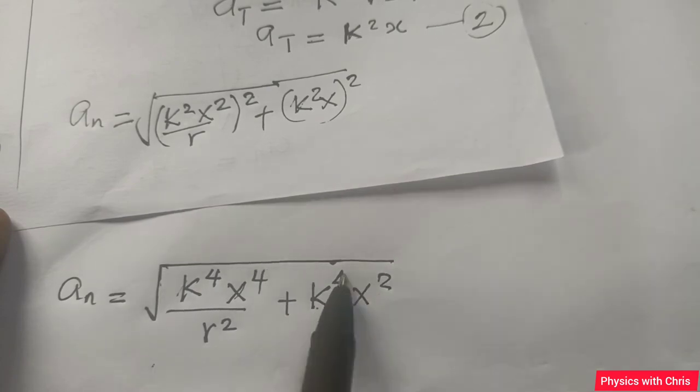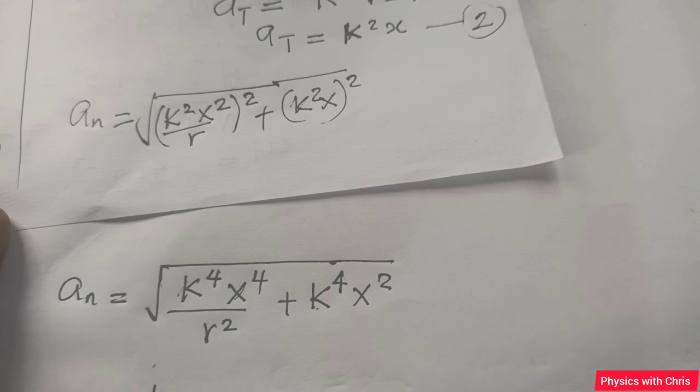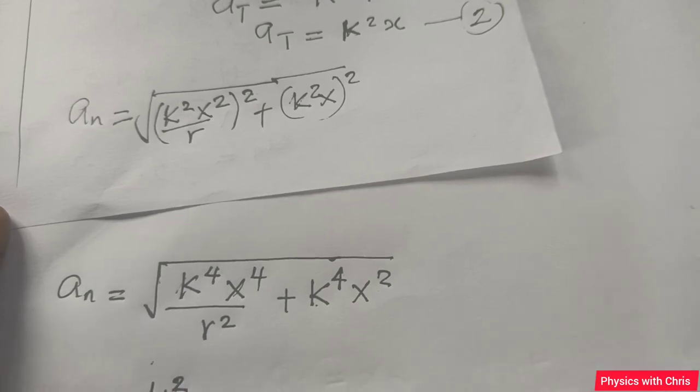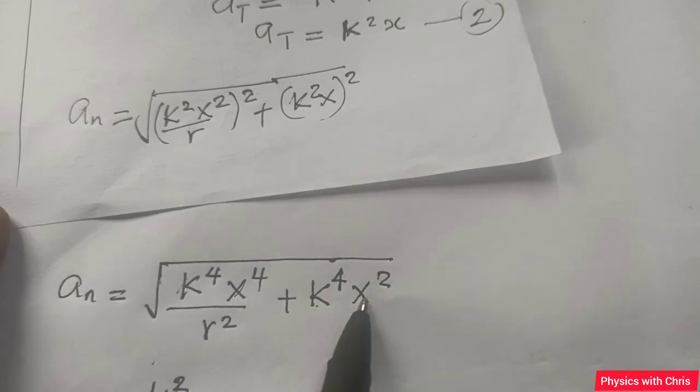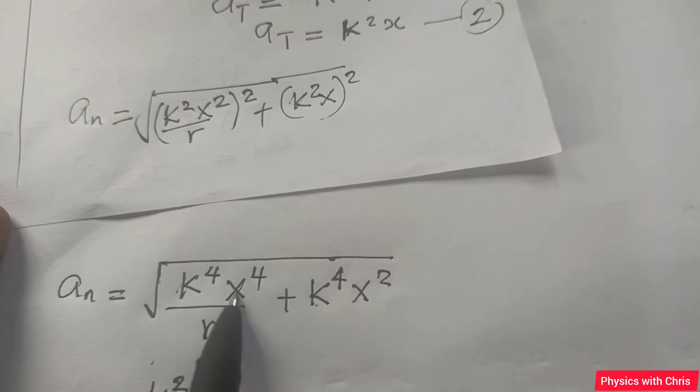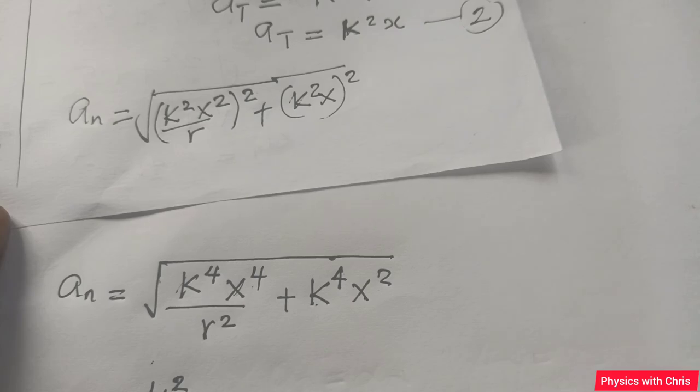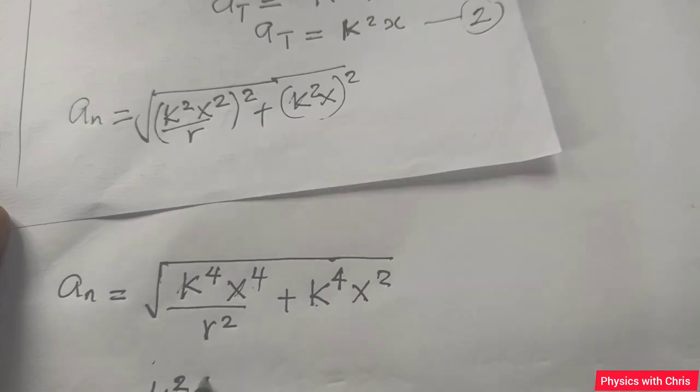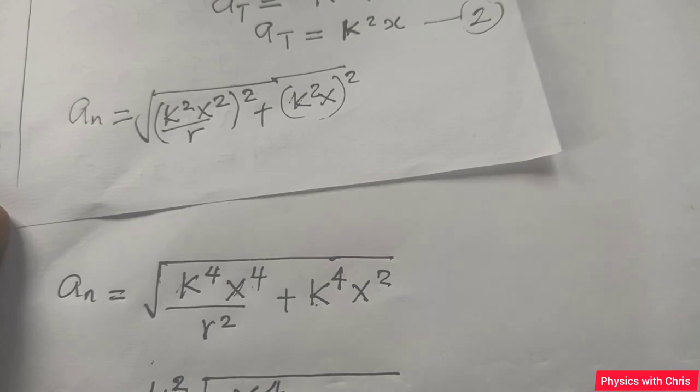The square root of k to the 4 will also be k squared. So that can be factored out as k squared. The square root of x squared is x. The square root of x to the 4 is x squared. So I can factor out all. Let's write it that way. What is left here is x to the 4 over r squared plus x squared.